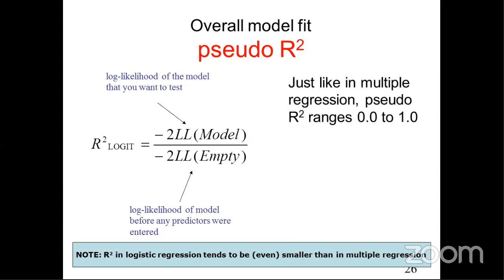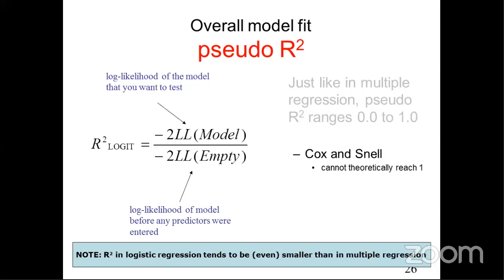And of course, just like in the multiple or quantitative dependent variable model, the value of the pseudo R square also lies between 0 and 1. Cox and Snell, the two econometricians, opined that this estimated value of the pseudo R square cannot theoretically reach 1, but that has been adjusted and corrected by one more econometrician named Nagelkerke, who adjusted the estimated value of the pseudo R square so that it reaches 1.